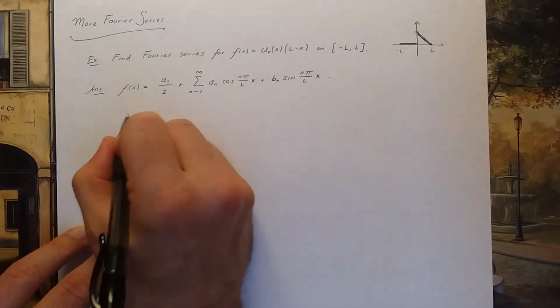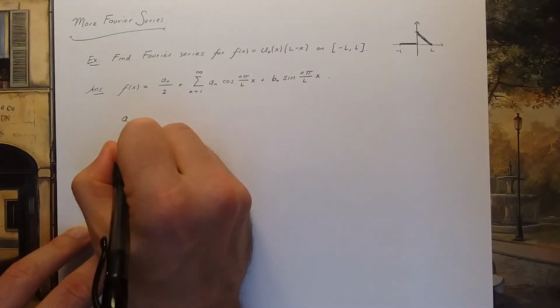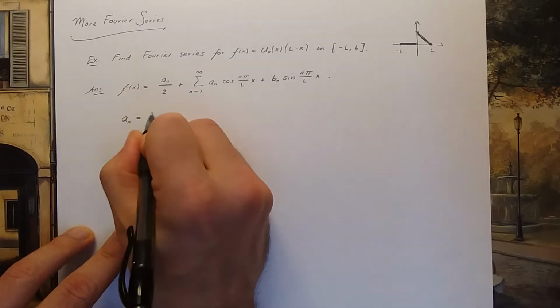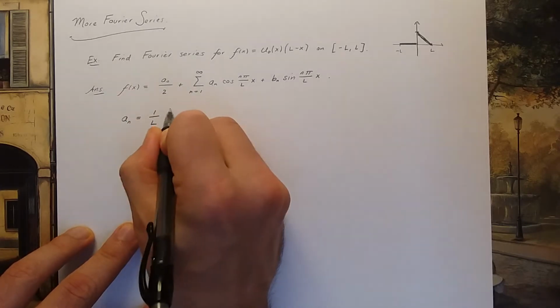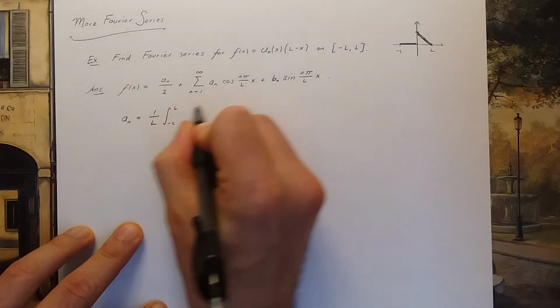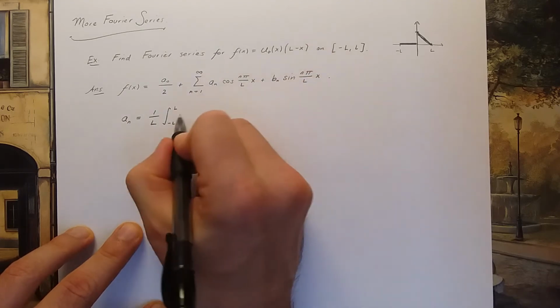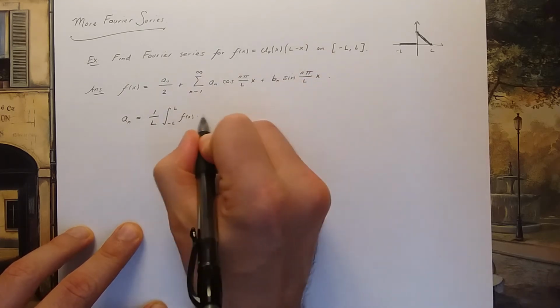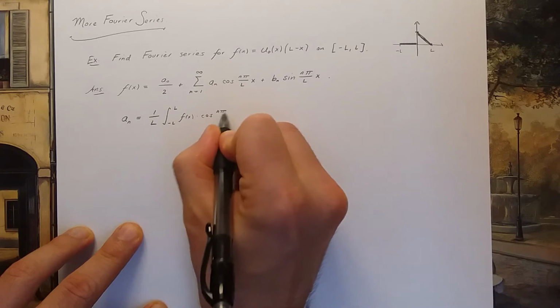Here, the coefficients an are given by 1 over L times the integral from negative L to L of my function times cosine n pi over L x.